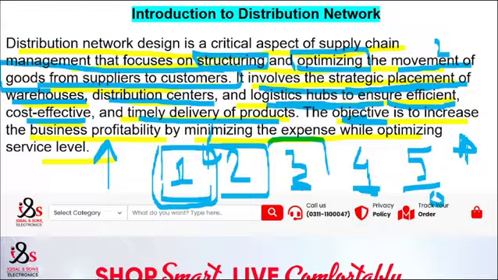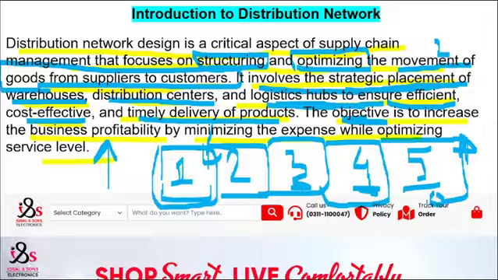Third thing, it involves the strategic placement of warehousing, distribution centers and logistics hubs. In the fourth part, it's talking about ensuring efficient, cost-effective and timely delivery. Its function is that.